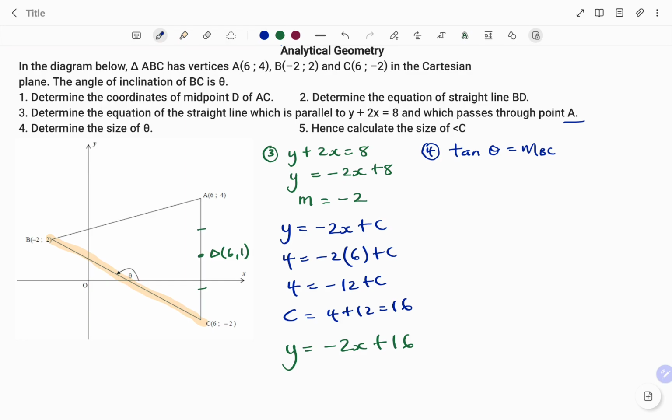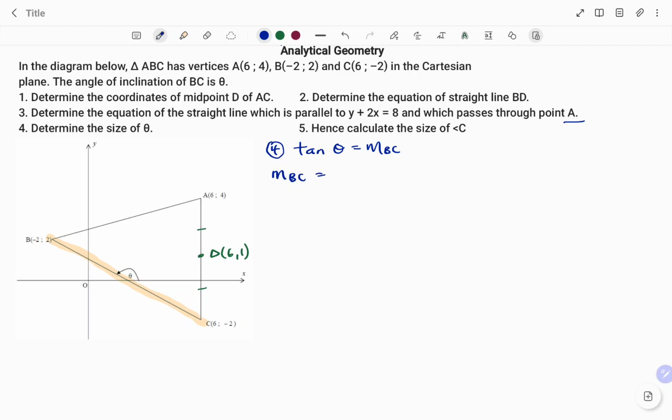So I have MBC. I'm going to take out the third part of the question to have more space. MBC equals the change in y over change in x. For BC, I have x1, y1, x2, y2.